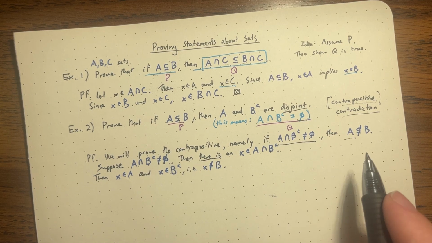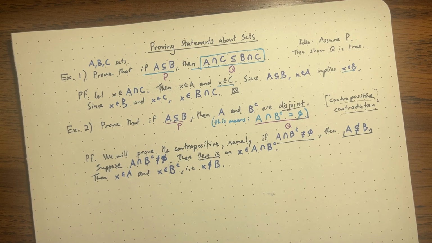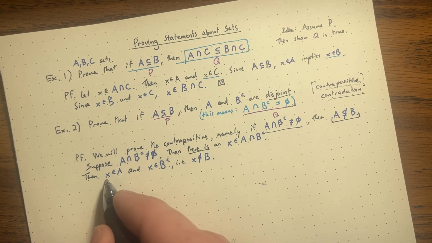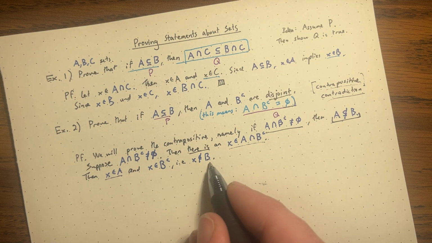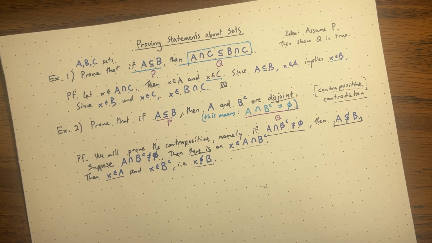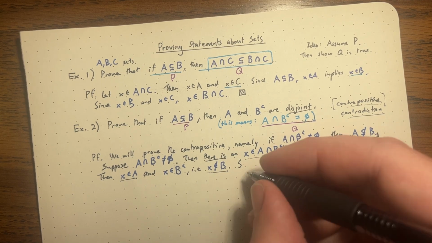But that's exactly what we want, because we want to show that A is not contained in B. So we just found an X, it was the one living here, that's in A, but not in B. So X is not in B.